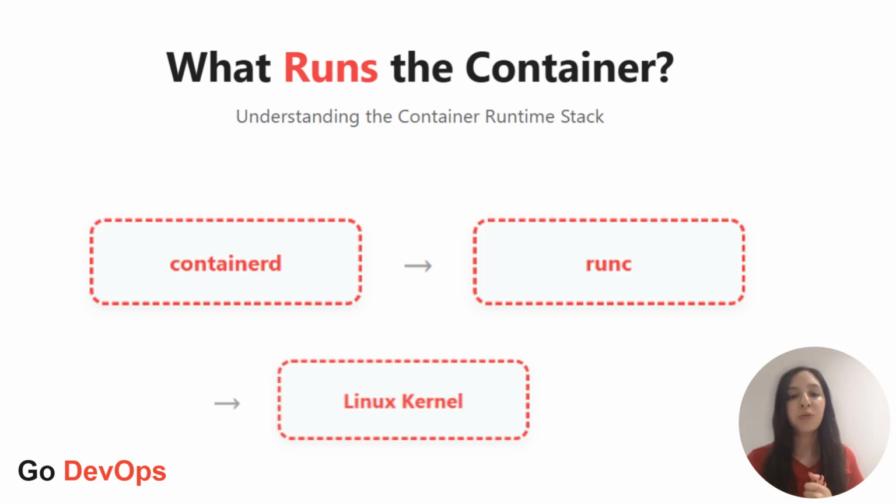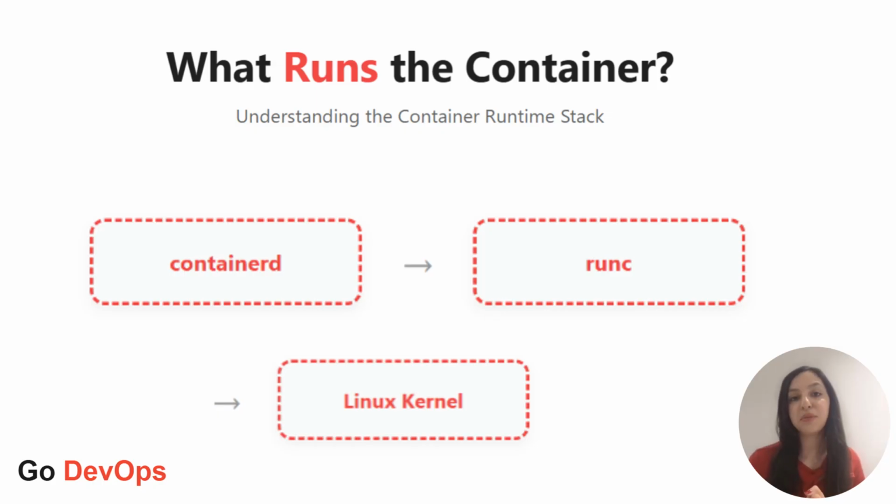The most common runtime used today is containerd, and it handles the container's full life cycle from creation to execution to shutdown. And containerd itself then uses a low-level tool called runc, and it's the component that actually creates the isolated Linux process.